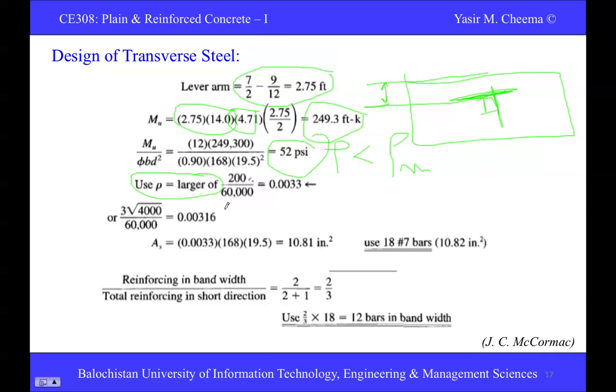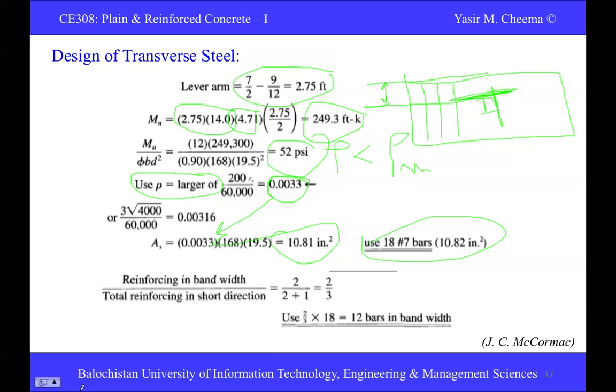Among these two, this is the greater one, so use 0.003. Area of steel is equal to rho b d. Using this, we get the area, and here it recommends 18 number 7 bars for this steel, so 18 number 7 bars in the longitudinal direction.